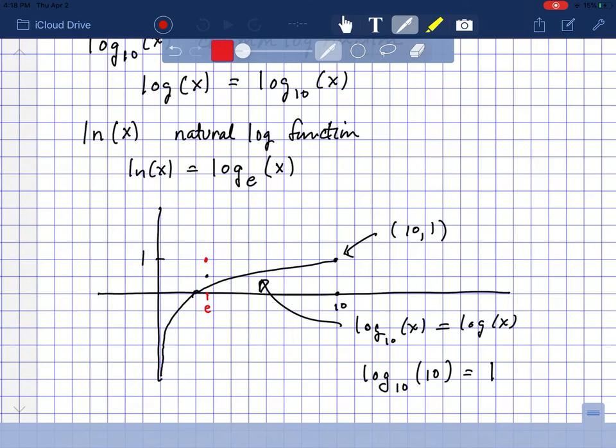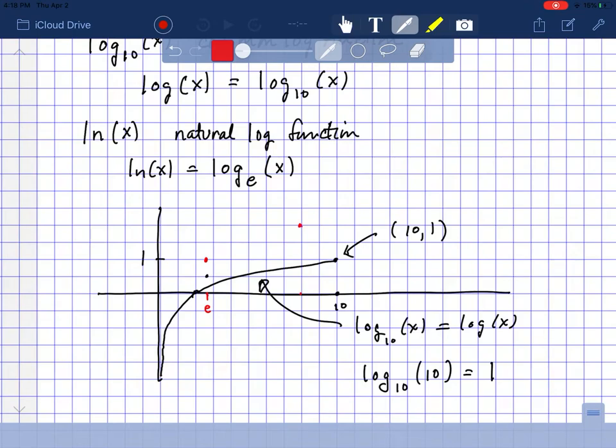And e squared is probably, I don't know. Let me pull out my calculator and see if I can come up with that. No, I cannot. My calculator is kind of dead. So I'm going to say it's probably out here somewhere. Maybe around a little less than 8.